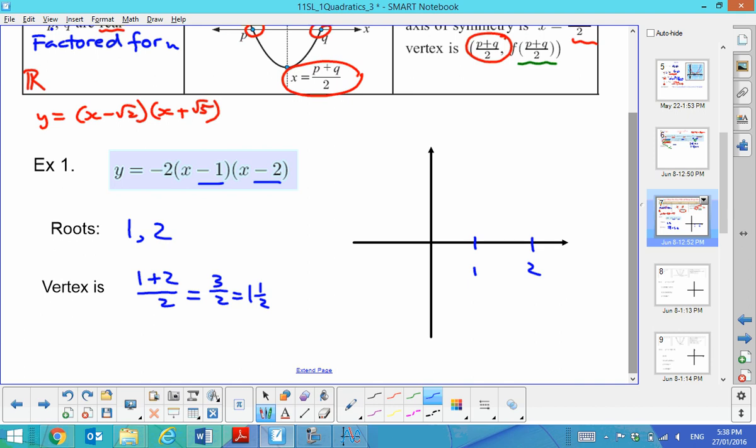So I can substitute that back in the equation. So it's going to come through there. To get the y coordinate, I then need to substitute in to get minus 2 times 1.5 minus 1, 1.5 minus 2.